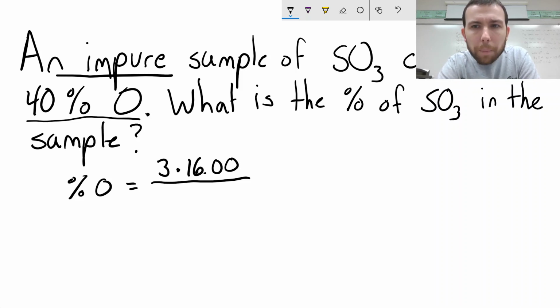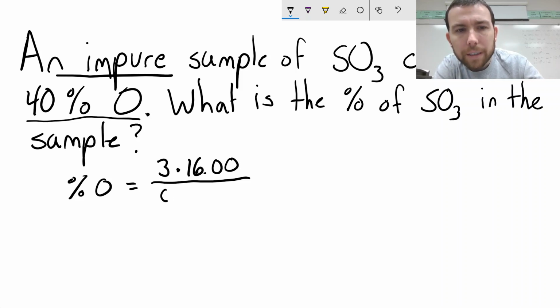If you look at the periodic table, sulfur has a mass of 32.07, oxygen has a mass of 16, and if you combine those, the total mass of SO3 is 80.07 grams.